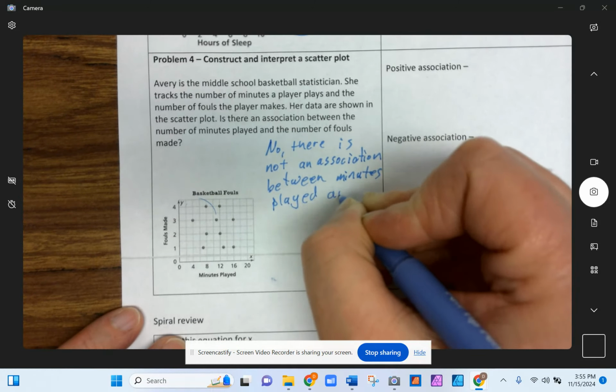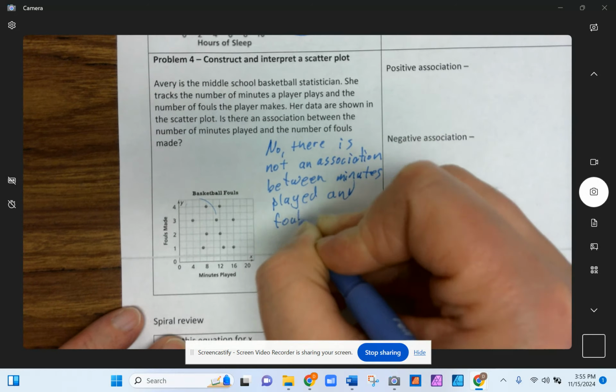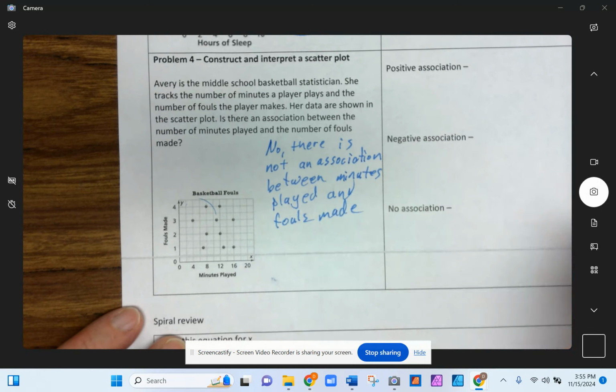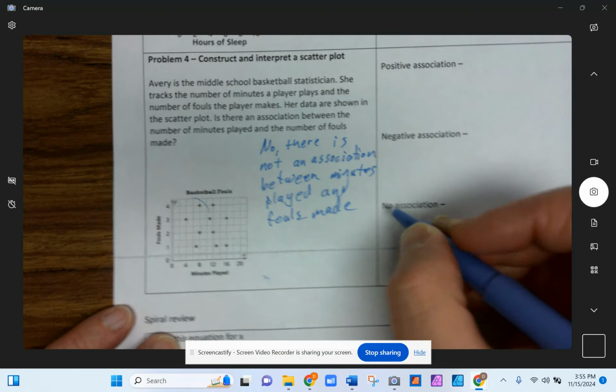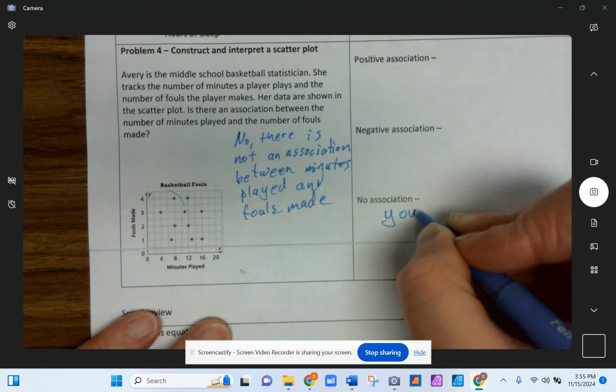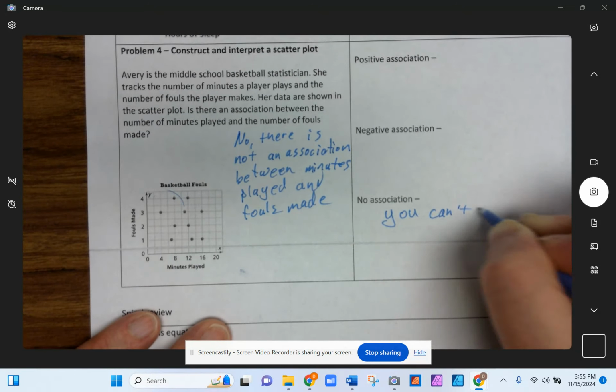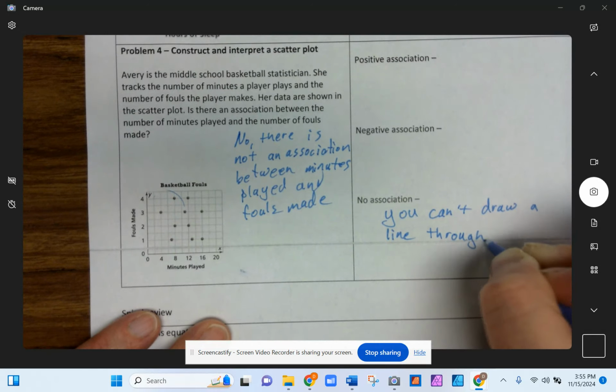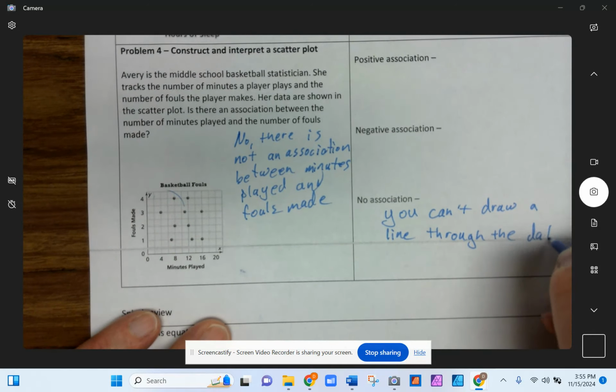Look, I rhymed. Okay, so no association is when you can't draw a line through the data. That makes sense. I mean, I could draw a line if I wanted to, but it wouldn't make any sense.